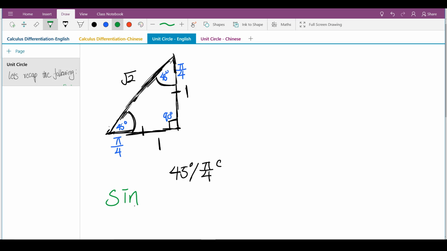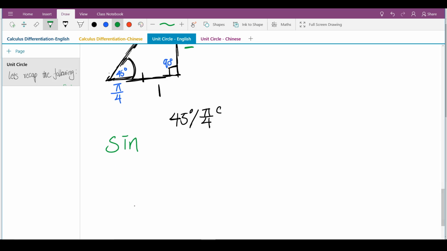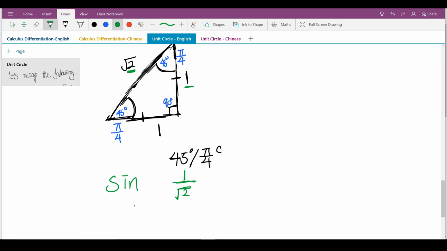So sine is opposite over hypotenuse. Let's just choose this one. So that's equal to 1 over root 2.